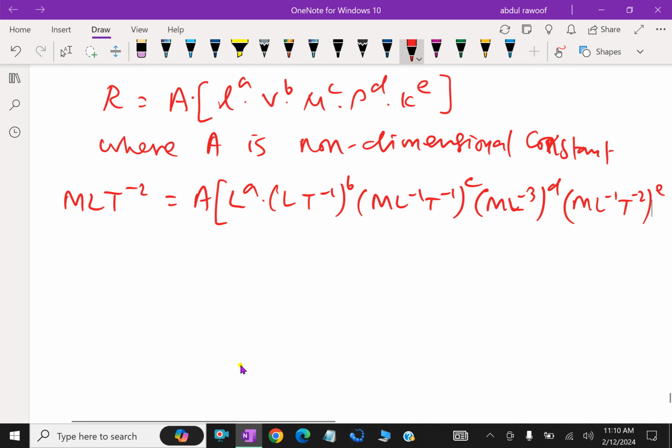Now we compare the respective powers. First, the power of M: on both sides, 1 equals c plus d plus e. That is equation 1.